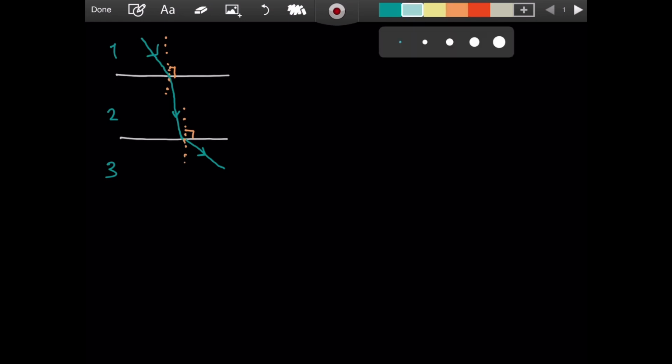Now, I'm asking, I give this angle as alpha. That angle is alpha, the incident angle, the angle that the incoming ray makes with the normal line.